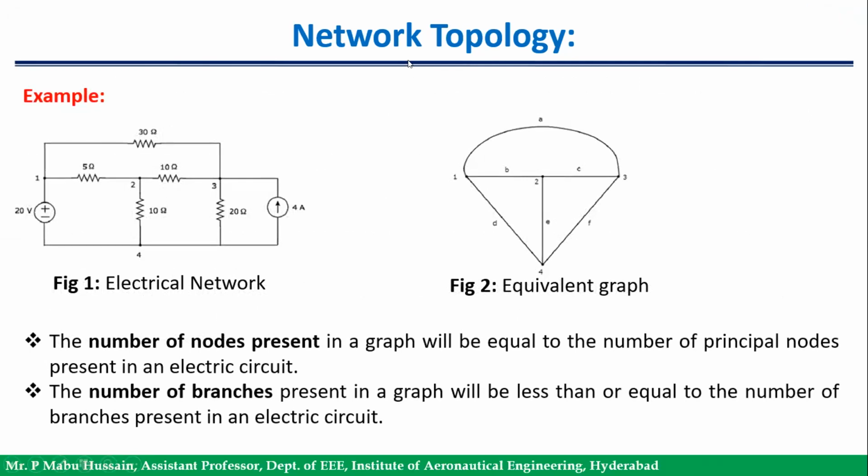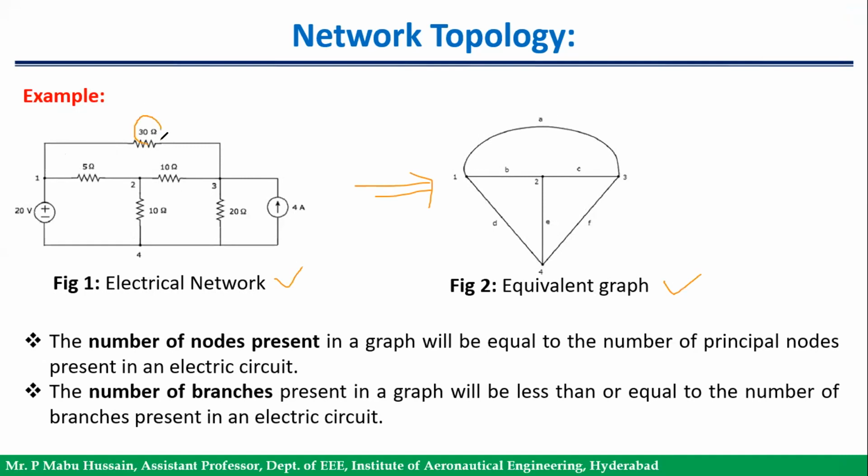Okay. Now, if you take one simple example, let us see here. This is the electrical network, and we are going to represent it in a graphical manner. This is the electrical network, and this is the equivalent graph for it. Here you have only resistors, so all the resistances can be represented by line segments like this.